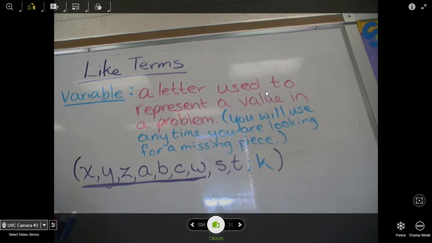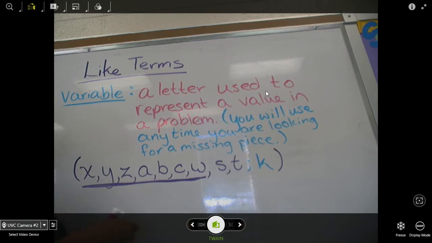Now, when they're talking about like terms, they're talking about the variables that are the same. So they're talking about X's being with X's, Y's being with Y's, Z's being with Z's, and so on and so on.